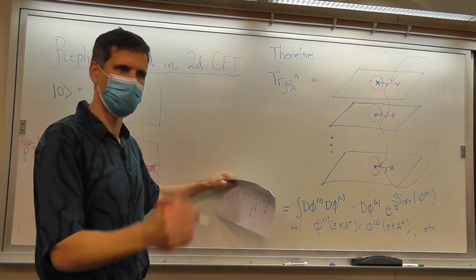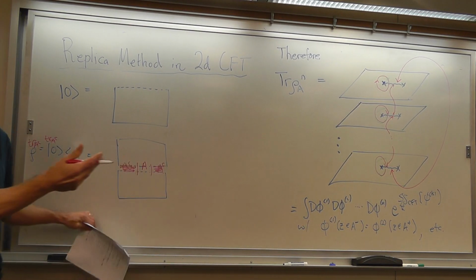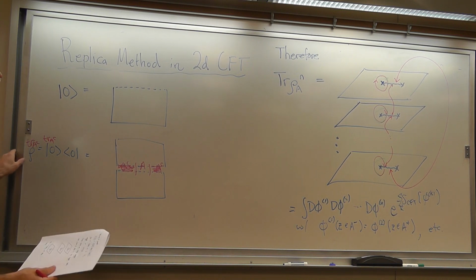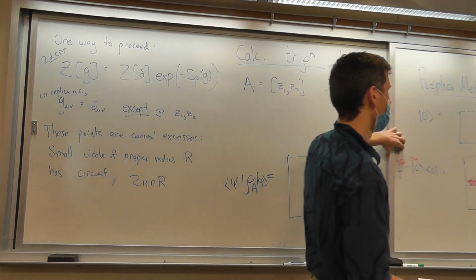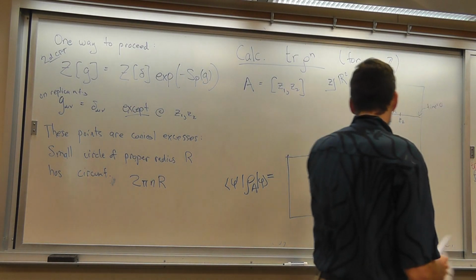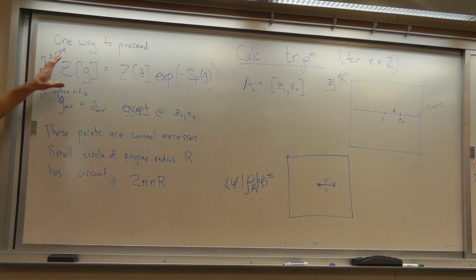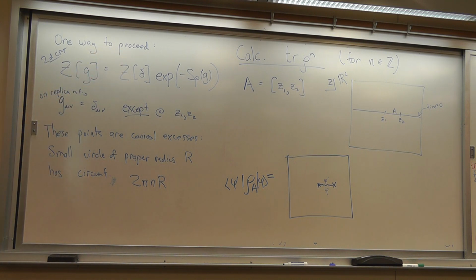So you have to go around 3 times further. Well, in this picture, there's 3 sheets. So you have to go around n times 2 pi in order to get back where you started. And that means that this manifold is not flat. Even though we started with a flat manifold, we've introduced some curvature. And that curvature contributes to this Polyakov action and gives you a non-zero partition function.